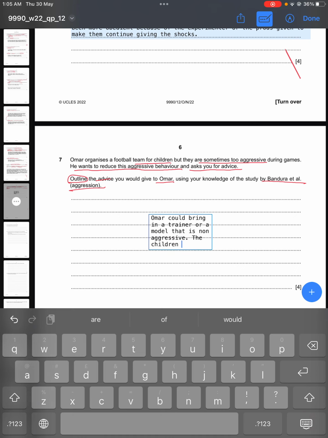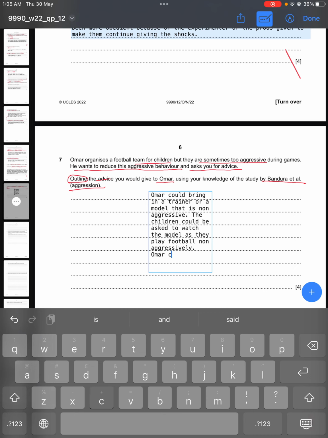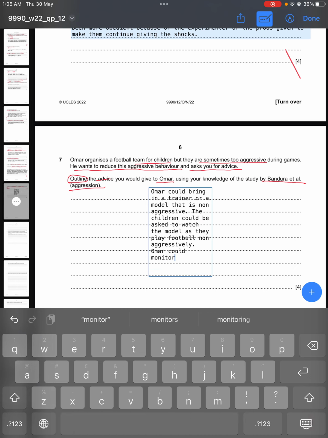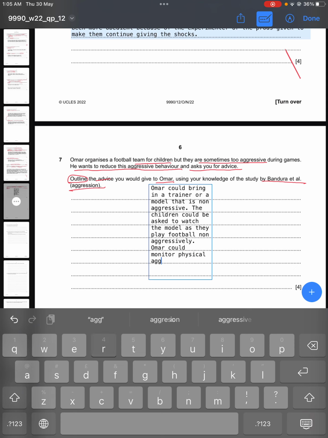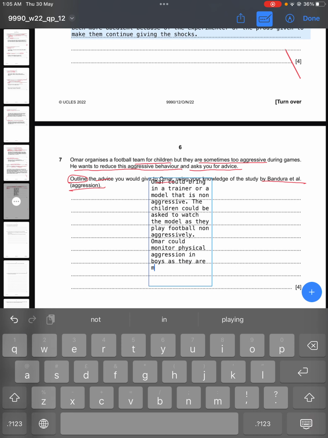The children could be asked to watch the model as they play football non-aggressively, like the models are playing football non-aggressively. And then Umar could monitor physical aggression in boys as they are more likely to display it.